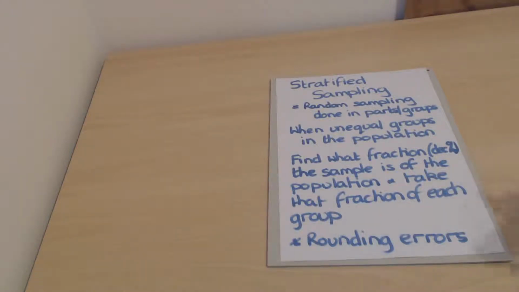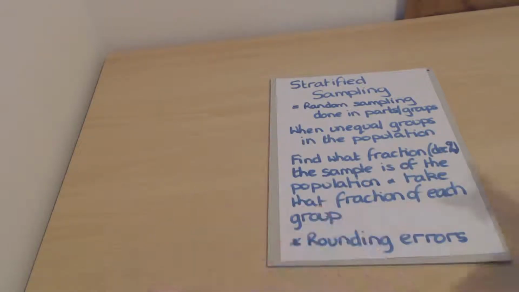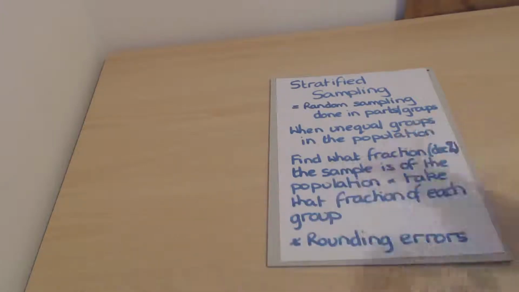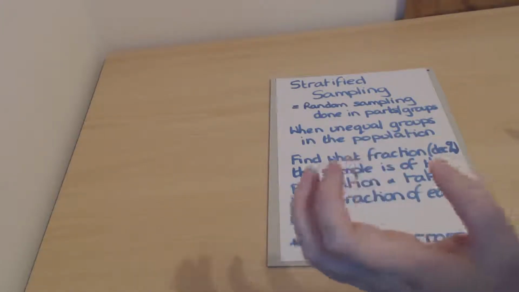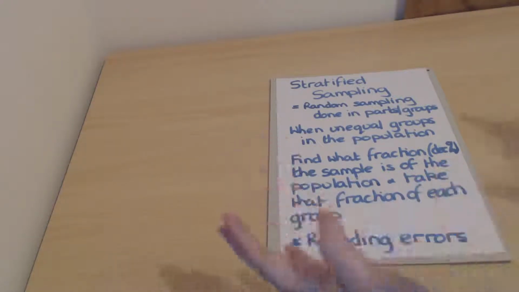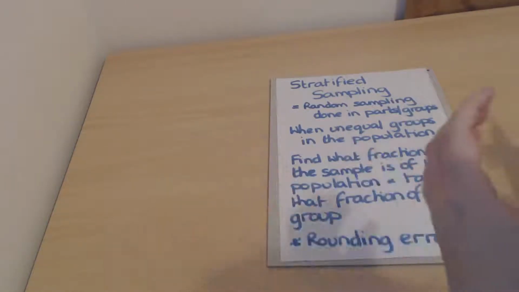But if you've got a setup, a bit like a school, where you want to sample from the whole school, so that you want to include teachers as well as students, clearly there are vastly more students than there are teachers. So if you did normal sampling, there's a good chance that you might not actually pick any teachers for your sampling, and so you wouldn't get a proper balanced view of whatever the question is that you have.